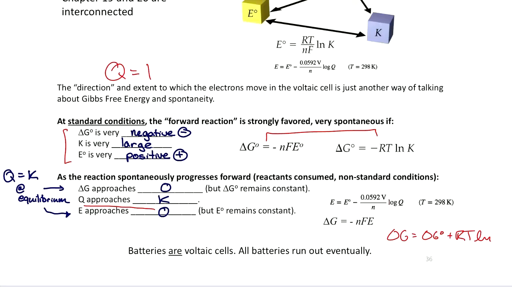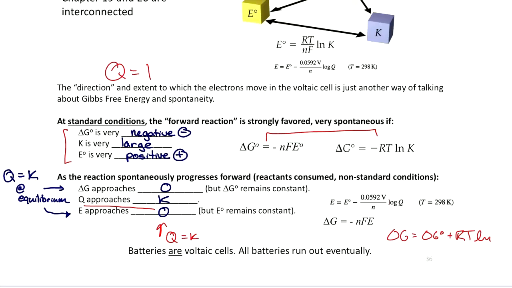As our battery discharges, delta G approaches 0. And what we also see is that E cell, what we actually measure, also approaches 0 as well. Once we approach 0, we're at the conditions of Q equals K, right?